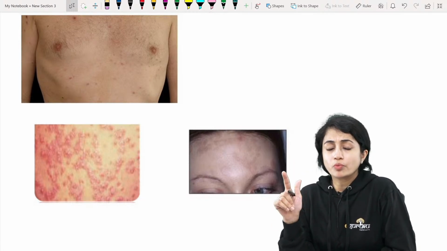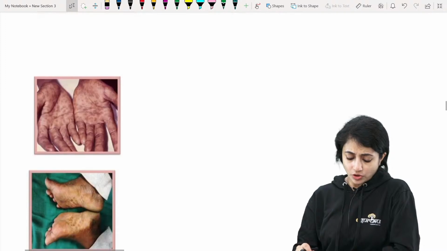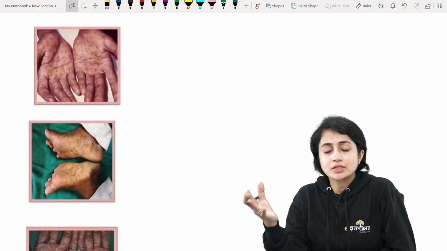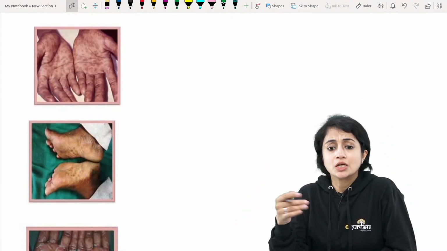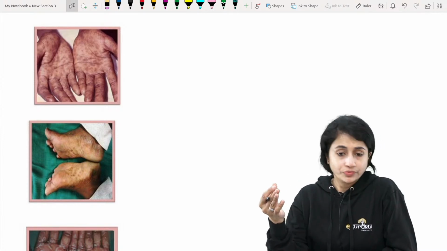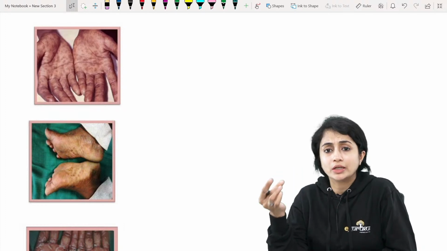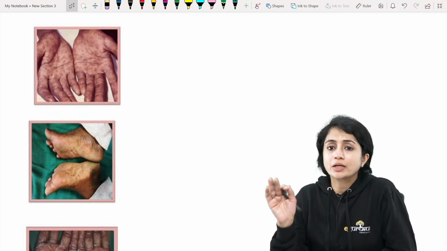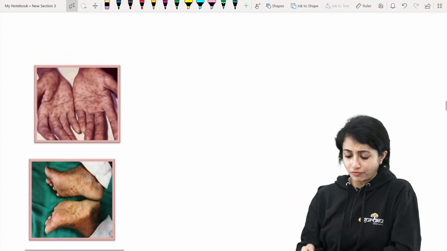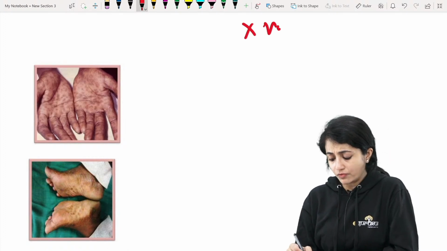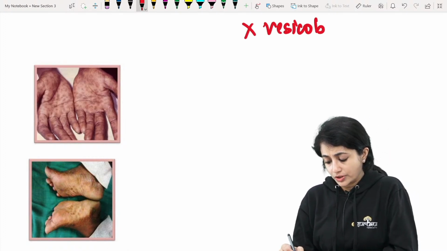Now, an important point to remember about the secondary syphilis lesions that we see in the skin is they can be of any morphology. They can be macular, papular, lichenoid, follicular, but secondary syphilis is never vesicobullous in nature.